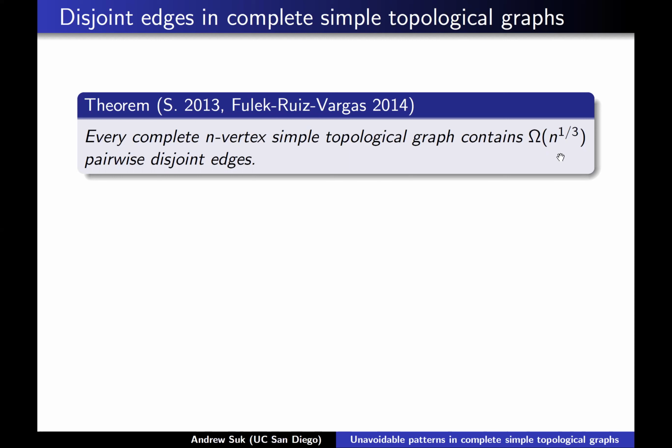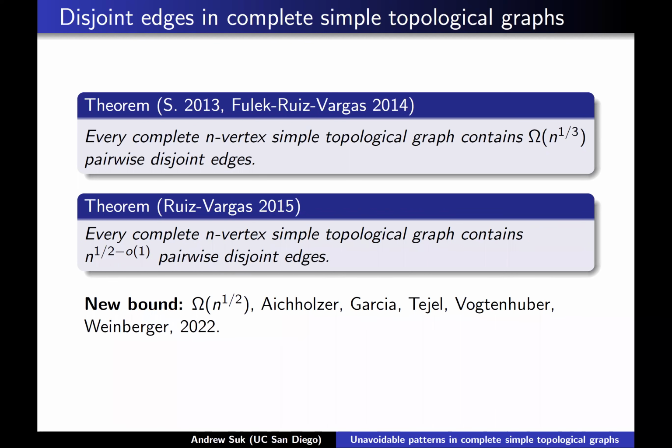In particular, we showed that you can find n to the 1/3 pairwise disjoint edges in the complete n-vertex simple topological graph. This result was later improved by Ruiz-Vargas to something close to square root of n. And then very recently, I was informed that Aichholzer and company improved this bound to constant times square root of n.